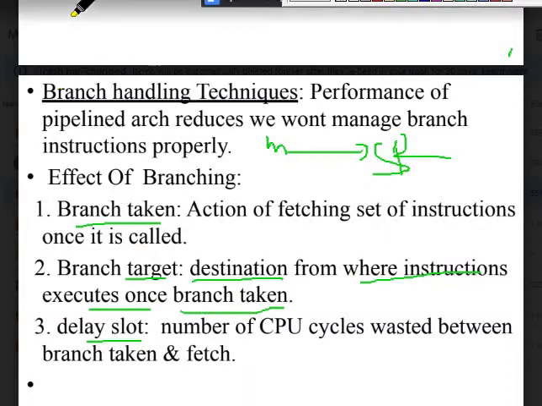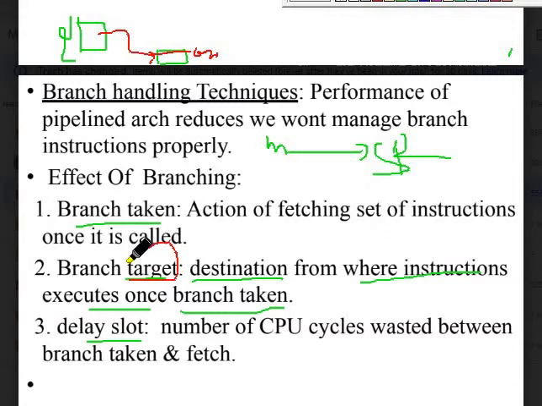Okay, I will try to give some analysis. I have written a C program here, and after this I have written one UDF. Somewhere in the middle of this C program, that is main, the UDF is called. So find out the address of this. This is called the destination. That destination is identified here as the branch target.